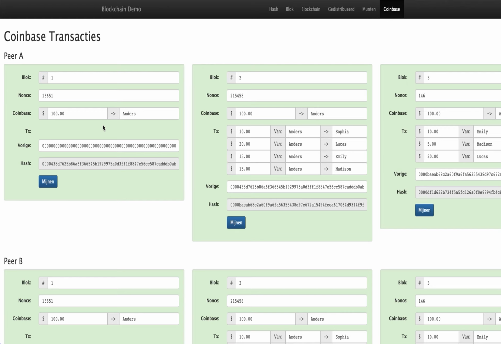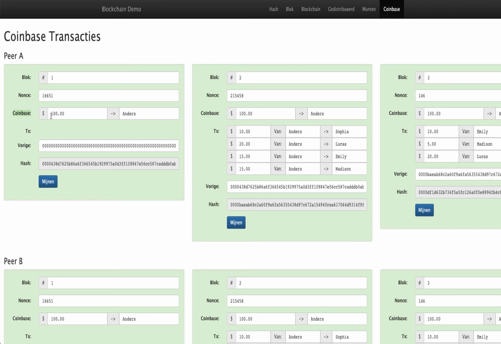In a real blockchain, you can say that this is the block reward. So when a new block is added to the chain, it gives a block reward to the miner who mined the block. So let's say this is a block reward.